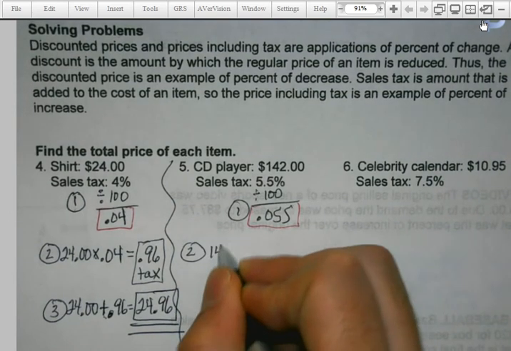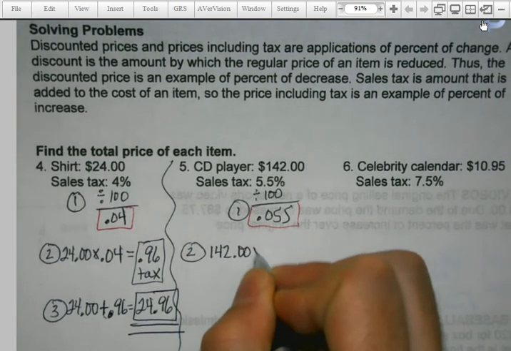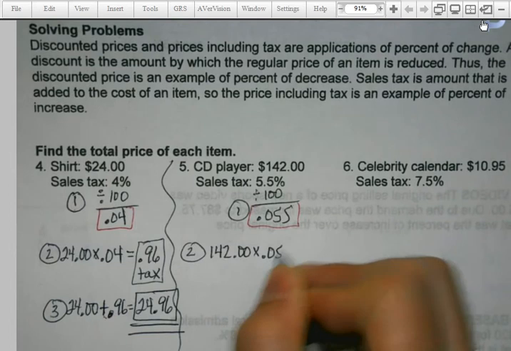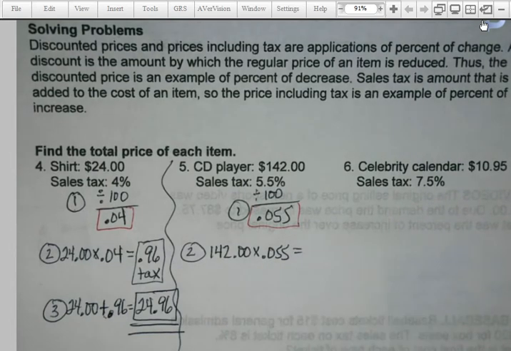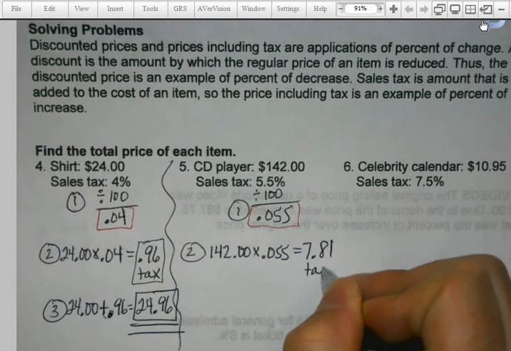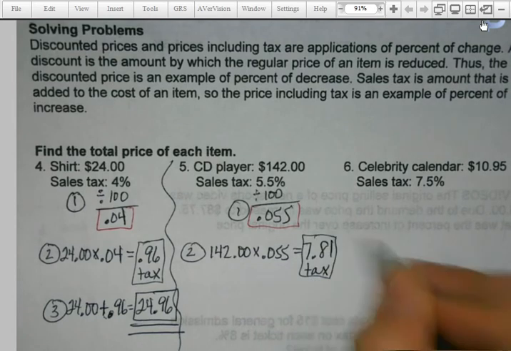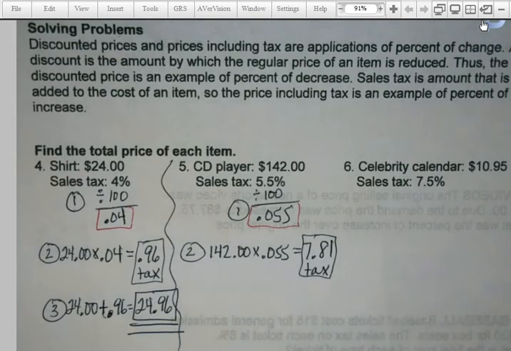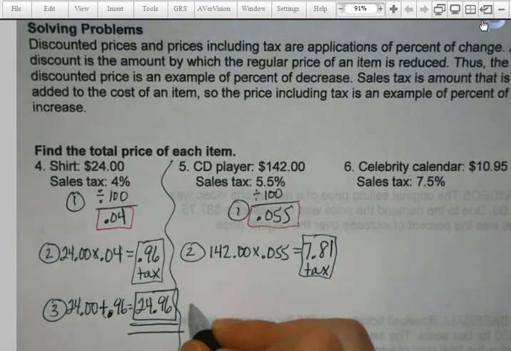Then I'm going to take my item times that decimal. Whatever that is, that's what the tax is that I'd get charged. So $7.81 in this case.